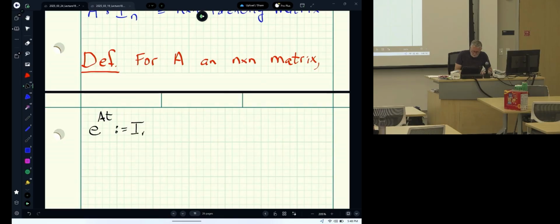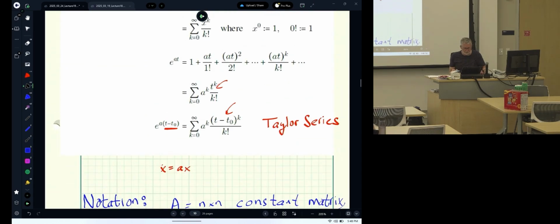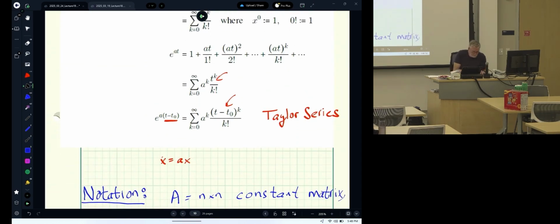First term is the identity matrix. That plays the role of 1. Okay? That's the identity matrix. In place of little a, I'm going to put big A. So n by n identity plus n by n A times a scalar divided by a scalar, that still works. In place of a squared, I'll put big A squared.